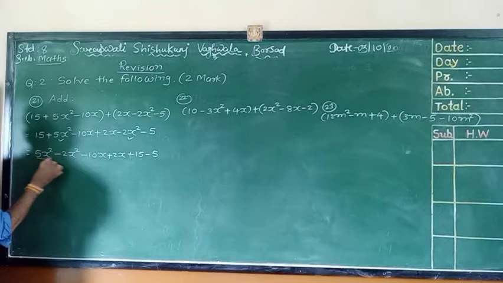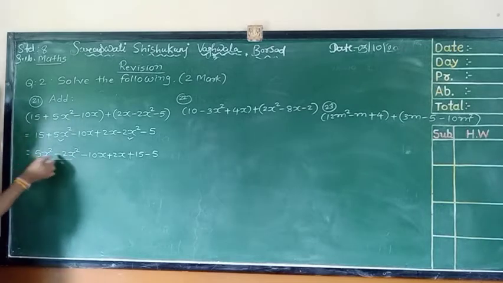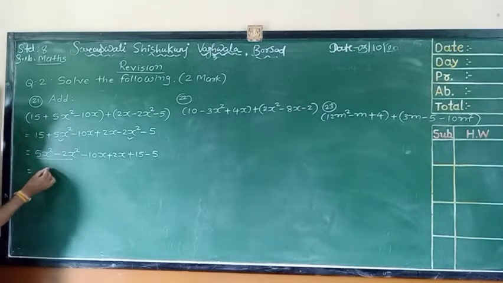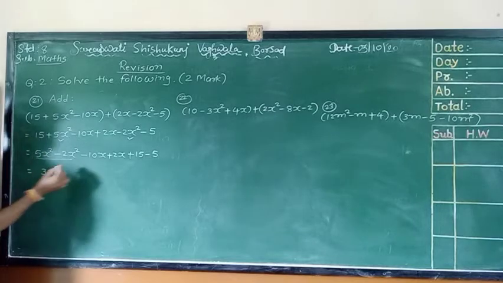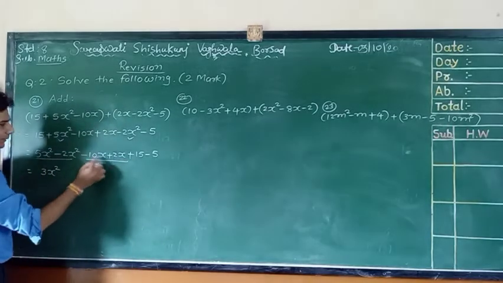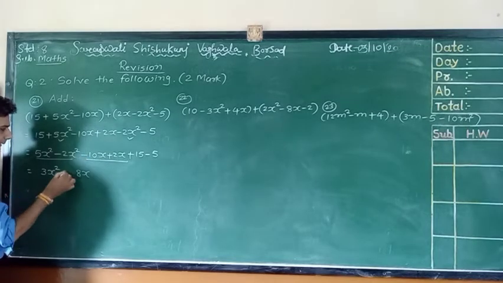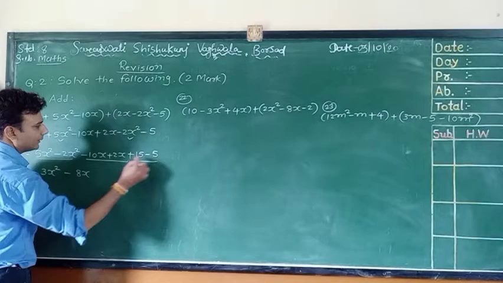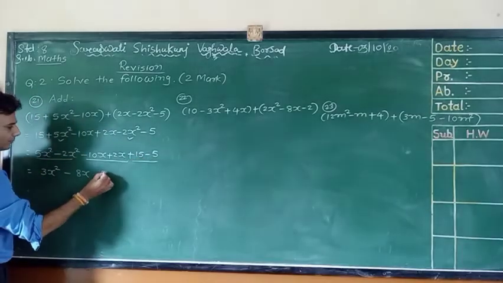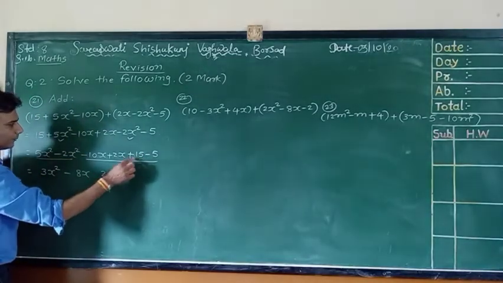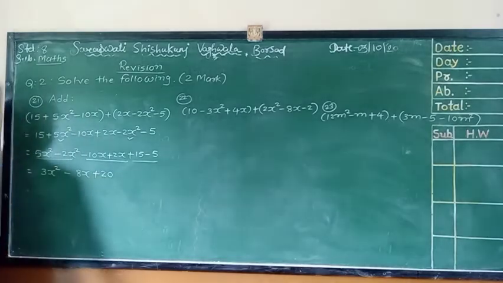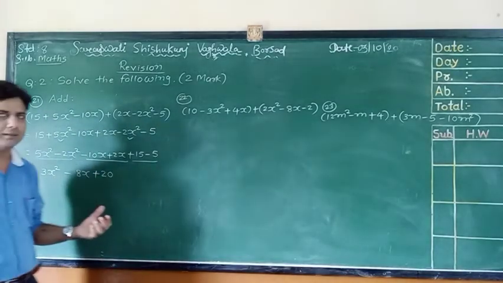Now these both like terms: minus 5 minus 2 is 3x square, and the bigger digit's sign is plus. Here also minus 10 plus 2 is 8x, and the bigger digit's sign is minus. Here 15 minus 12 is 20, and the bigger digit's sign is plus. So these are the right answers.